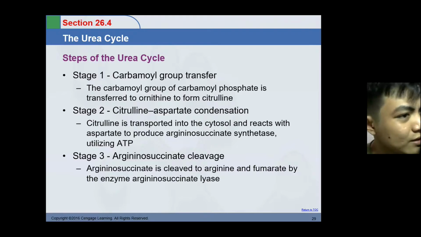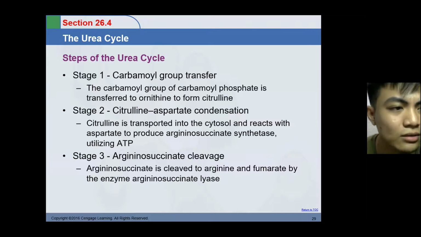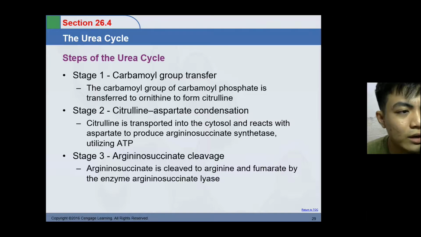And for the second step, we will have the citrulline-aspartate condensation. So from the word itself, pagdudugtungin mo sila to produce something called argininosuccinate synthetase. Okay? And then lastly, the argininosuccinate cleavage in order to produce fumarate. Okay? Ayan.